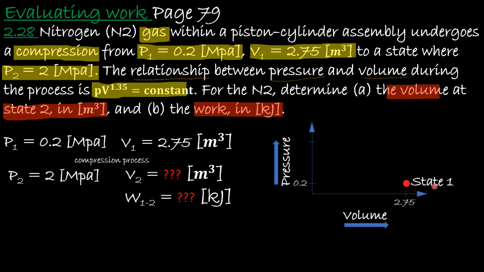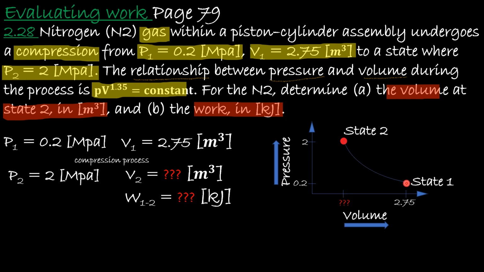This is state 1. Now it went to state 2 where the pressure increased to 2 megapascal, and as we compress, the volume will decrease. And we want to find the volume in state 2.